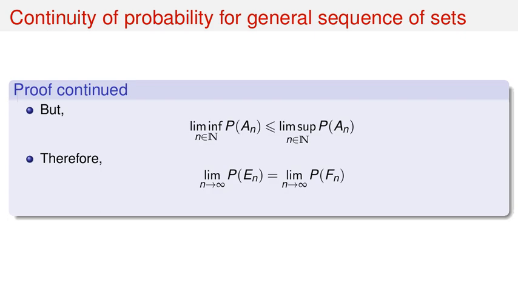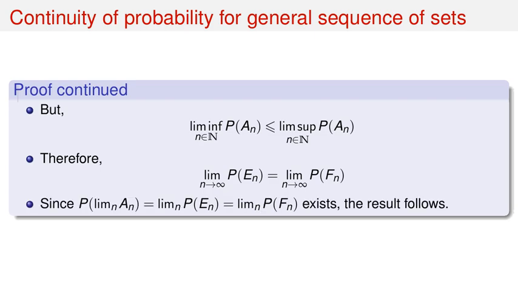This implies lim sup P of An equals lim inf P of An equals limit P of An. Therefore, the limit as n goes to infinity of P of En equals the limit as n goes to infinity of P of Fn.